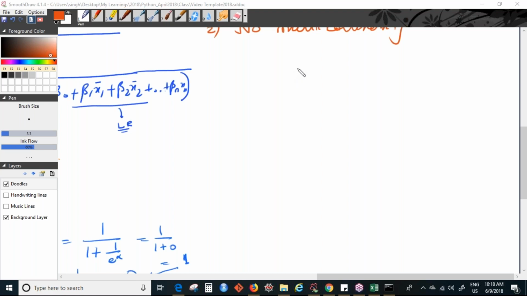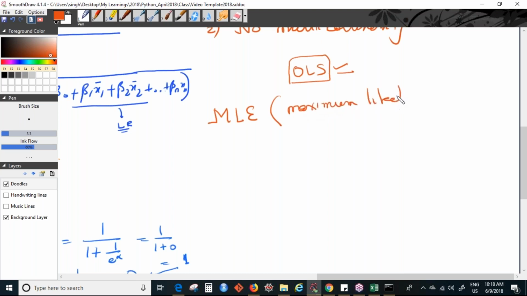Now just like you have ordinary least square in linear regression, which basically tries to minimize the sum of squared error, and in that process you get your betas, similarly, in logistic regression also you have a function which is known as maximum likelihood estimate, MLE. What this does is it starts with random values of beta.